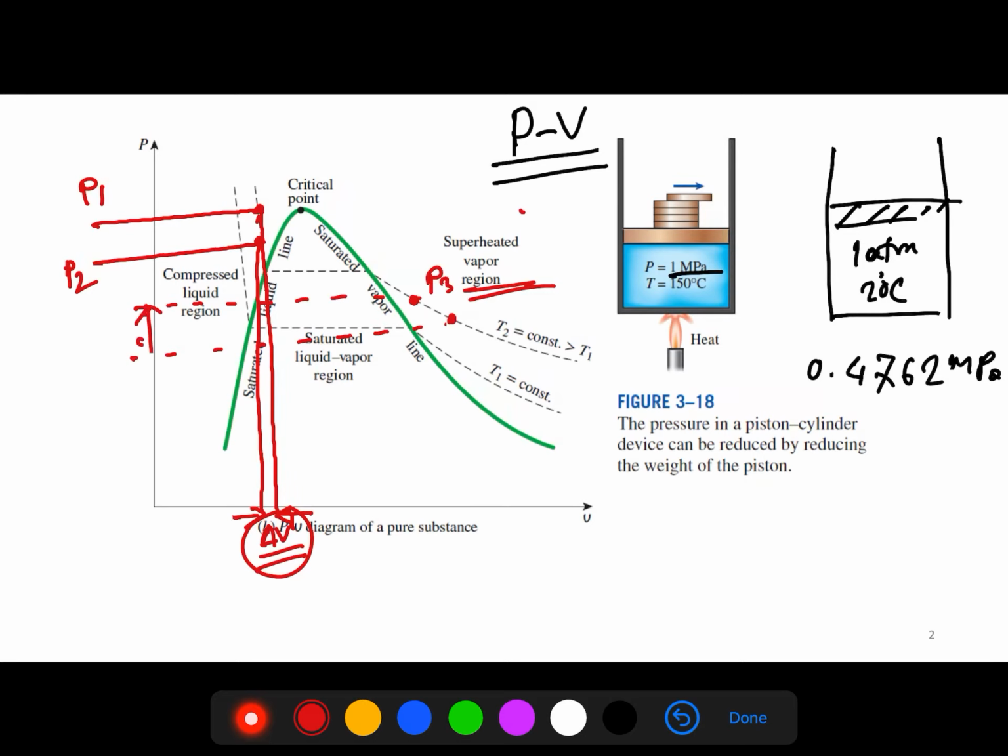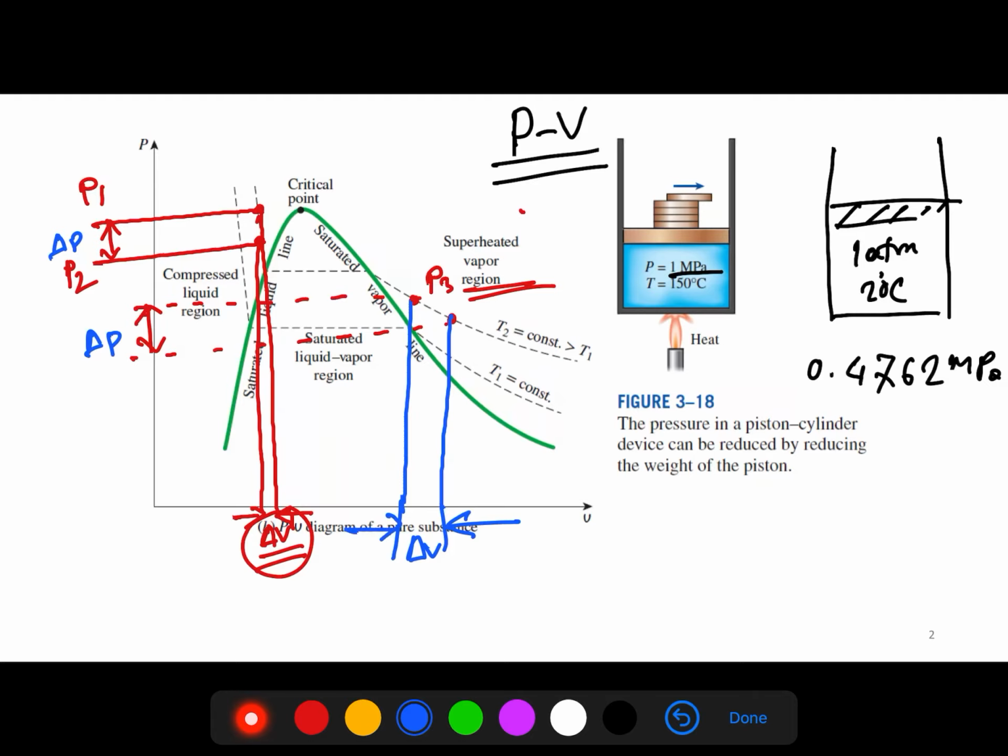Look, we took a similar pressure drop, this is delta P, this is delta P. For the same pressure drop, we will experience a higher delta V here. That means a higher change of specific volume.